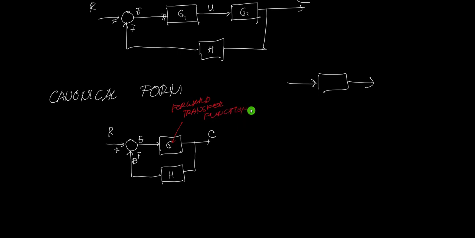While H is the feedback transfer function. It can also have more than one block in the feedback path.